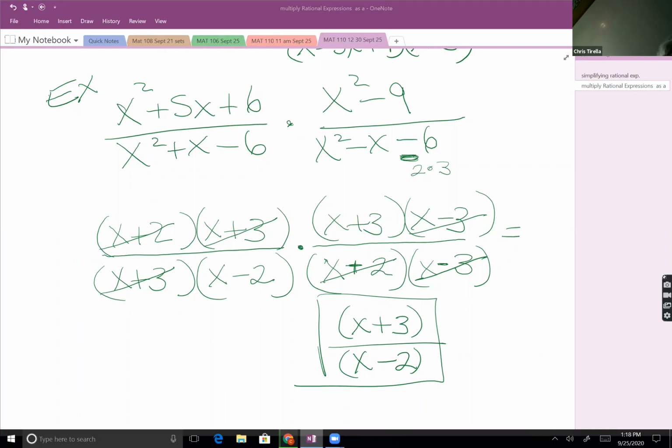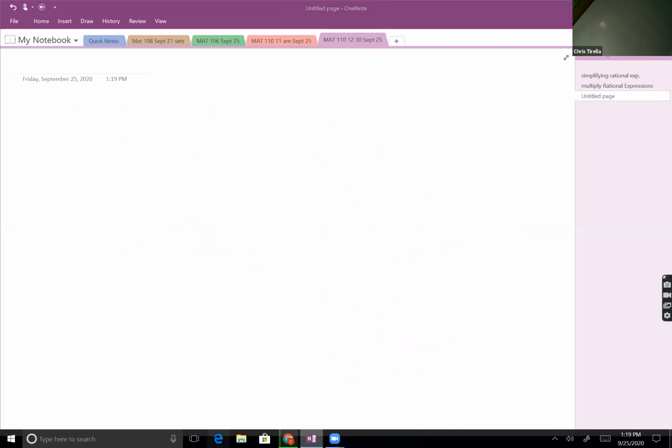And if we factor correctly, then there's not that much left. A lot of it will reduce. Multiplication, all right. It's just a lot more practice factoring. Okay. Then next place we're going is division.